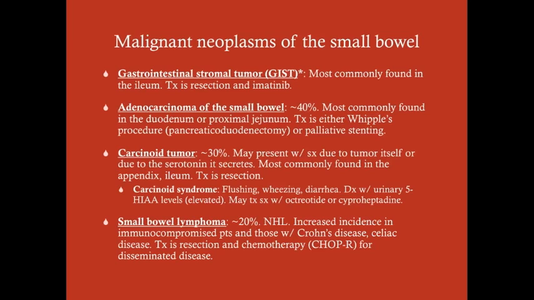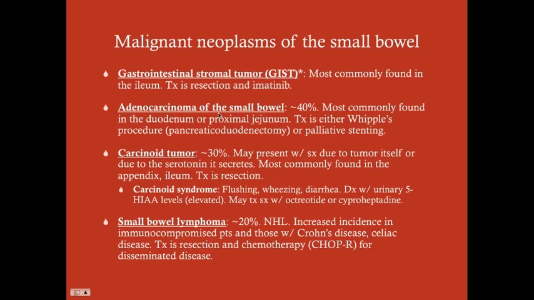Some of the symptoms that can come out of the gastrointestinal stromal tumor would include bleeding, first and foremost. So this is a tumor of the connective tissue. The treatment for this would be resection as well as imatinib. But just like with the stomach, resection is the forefront of your therapy for stromal tumor.